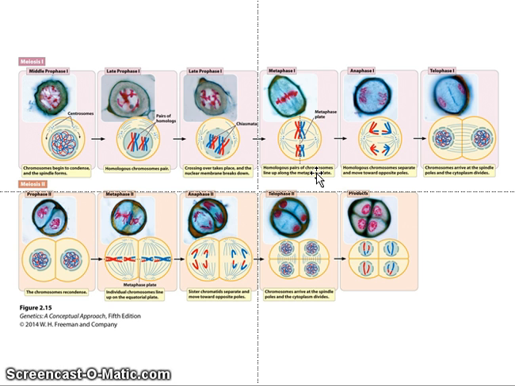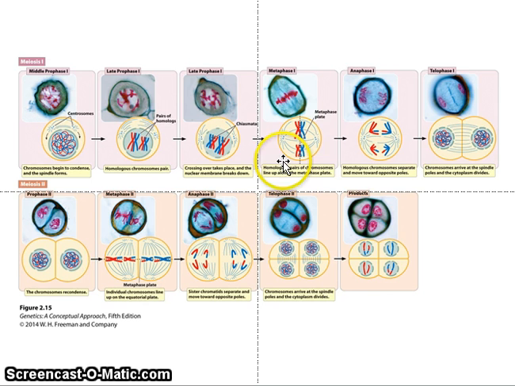So we have 2 copies of each of our 2 chromosomes. One copy is red, one copy is blue. Our different chromosomes that have totally different genetic material on them are designated by size. So we have a big one and a little one. They're homologous chromosomes because one of them came from mom, one came from dad, and they could have different alleles on them, or they could have the same allele on them.